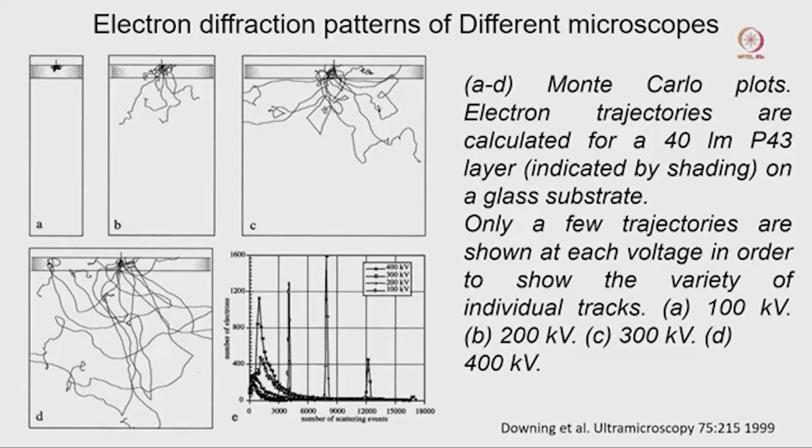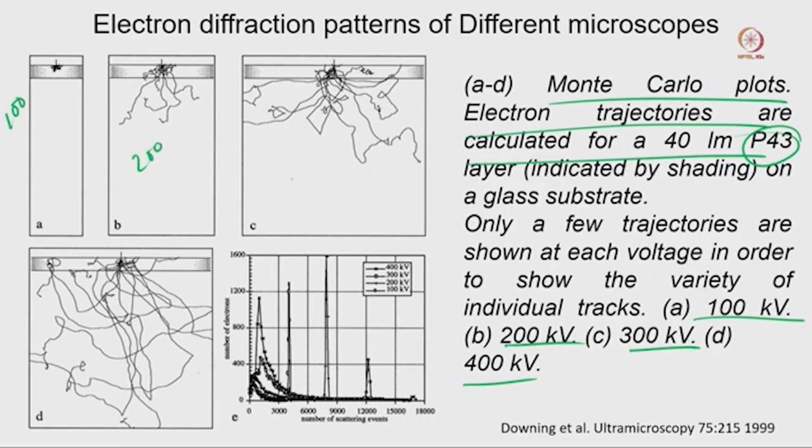So, here I am talking about the Monte Carlo simulation plot of the electron trajectory, which is calculated for the P43 scintillator. This image is from 100 kV, this is from 200 kV, this is 300 and this is 400.